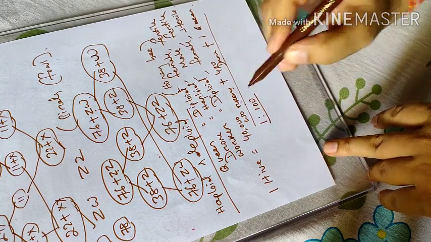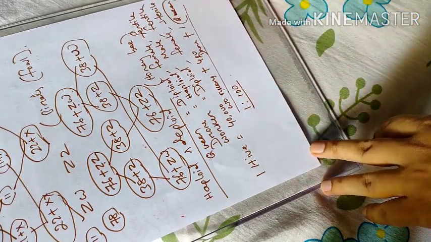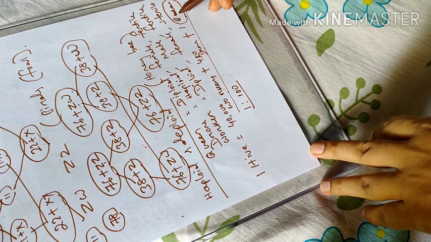Drone and workers. If the queen is unable to reproduce, then what happens?